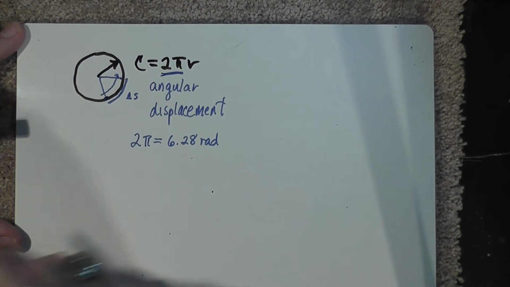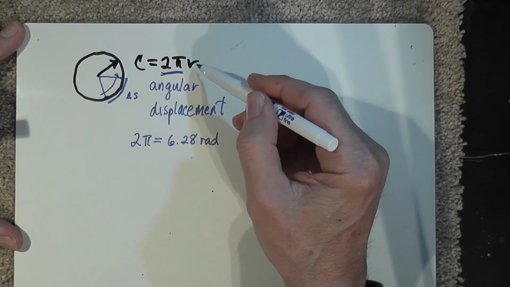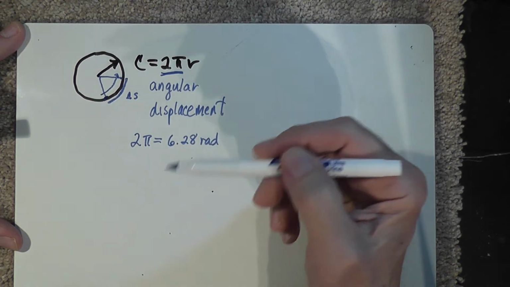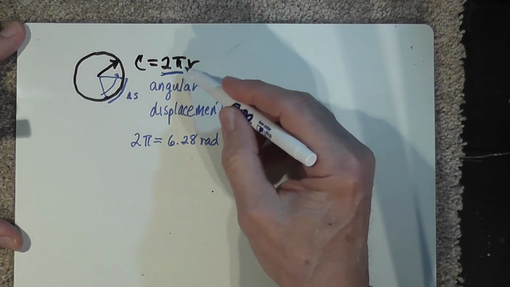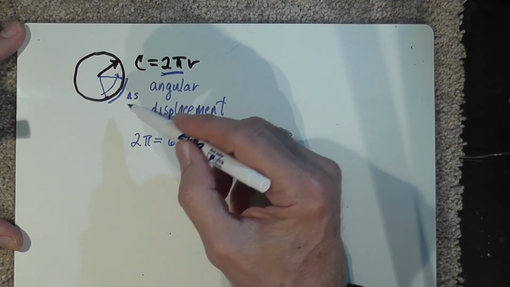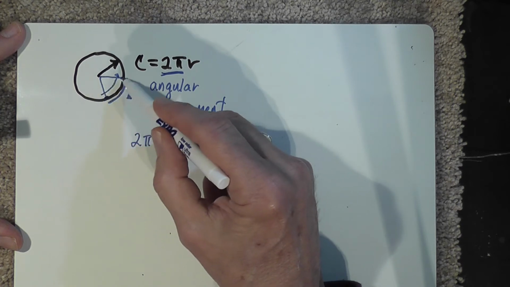Okay, so we're going to transition this equation into something we can work with for angular displacement. So let's look at the slice of pie we have here.